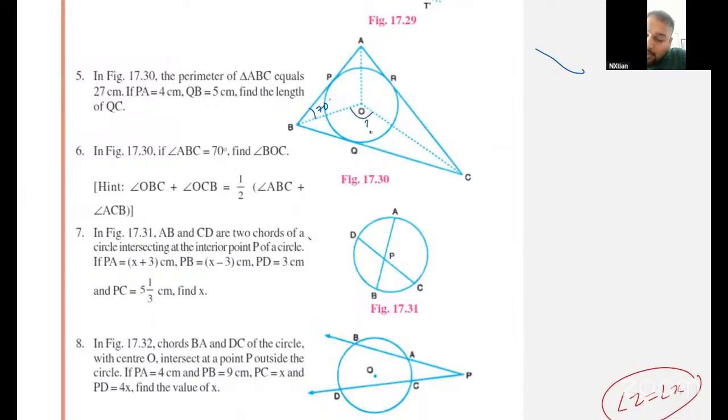Okay, so now this is 70, then this is also 70. Okay, sorry, my bad. This whole is 70, and this is 35, and this is 35. Anything else is given?